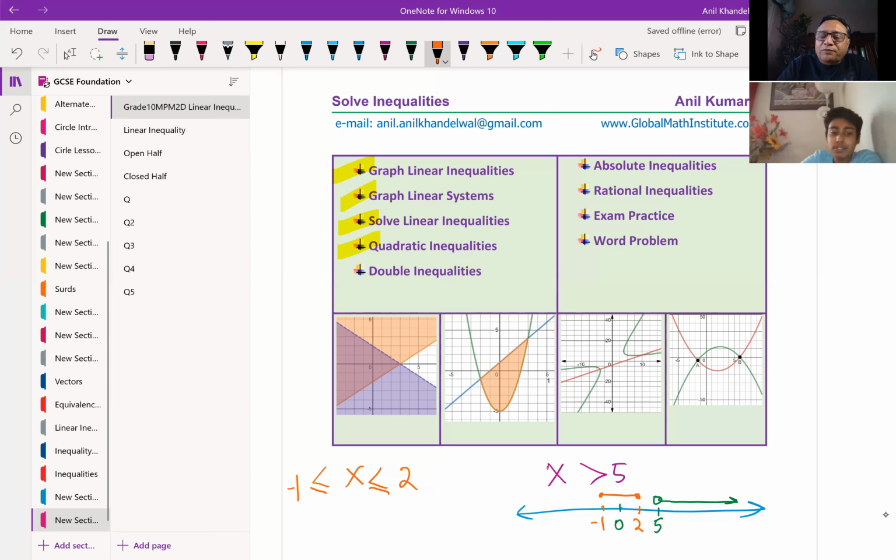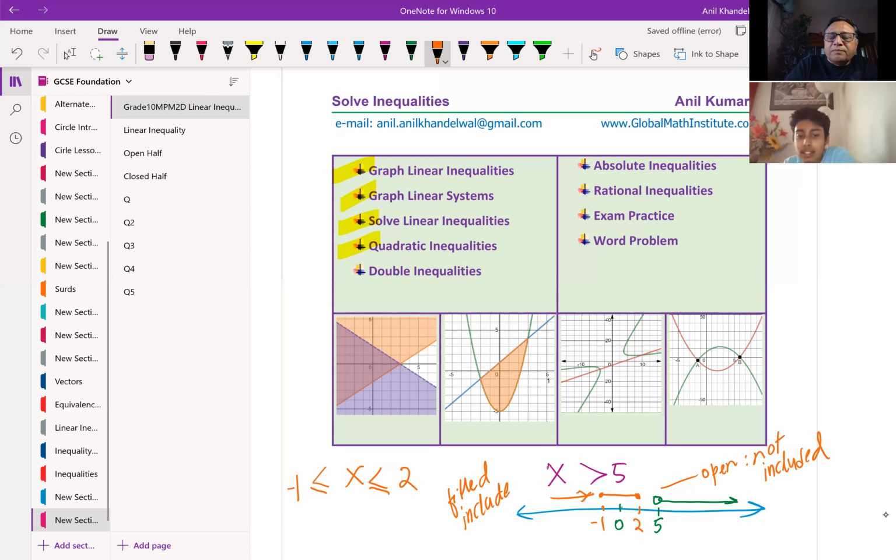Yes, sir. So filled in circle means the point is included. Open circle means not included, right? So this is open circle. Open means not included. And this is filled in, meaning included. Yes.